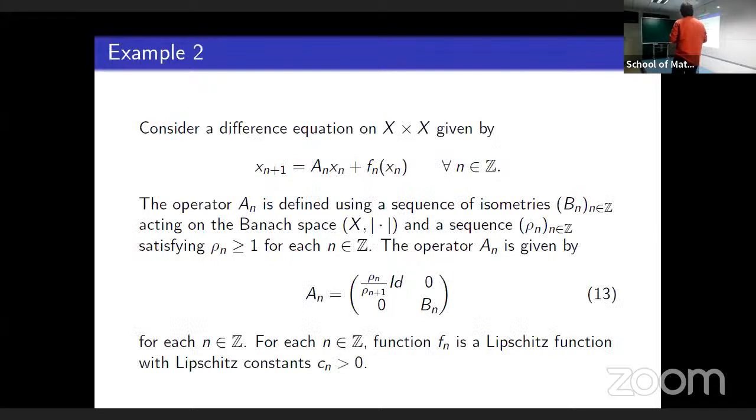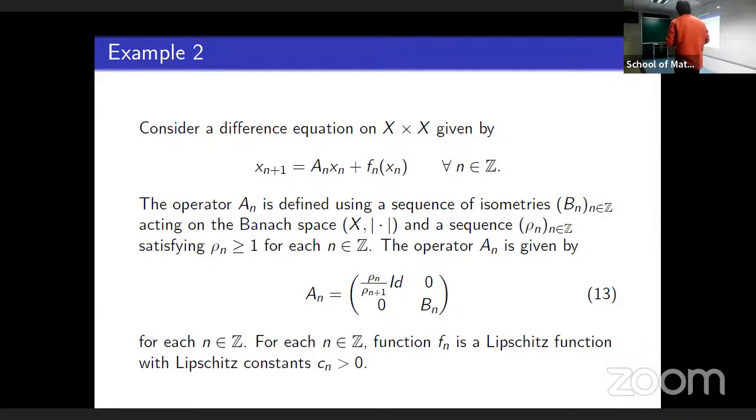So here is the last example. Here we consider the difference equation on the product space X cross X, and the operator An is defined as a diagonal matrix operator. The first diagonal entry is defined using a sequence ρn, which is greater than or equal to 1, and we define ρn upon ρn plus 1 times identity.